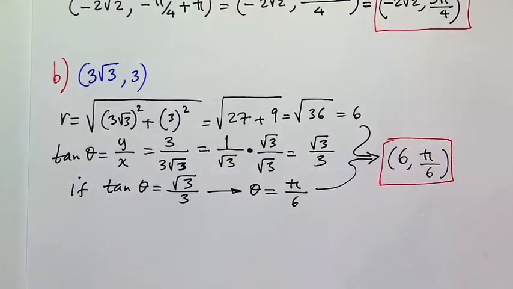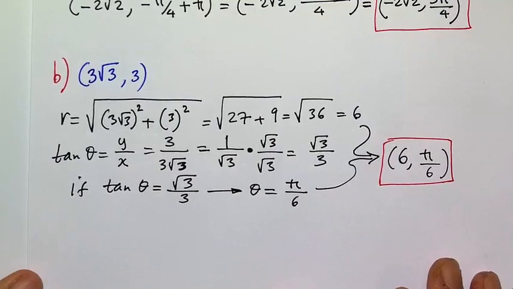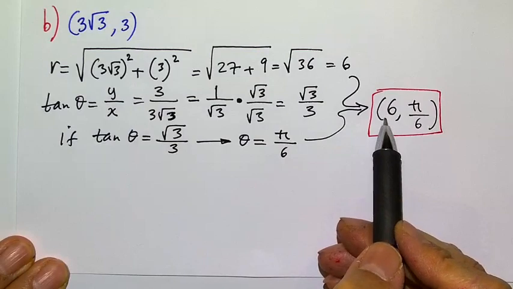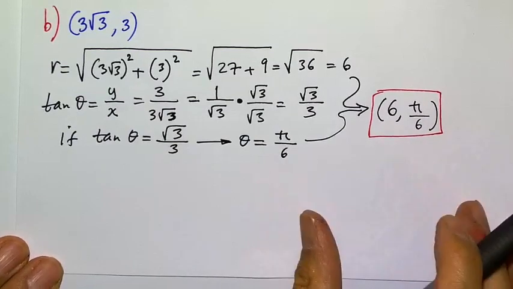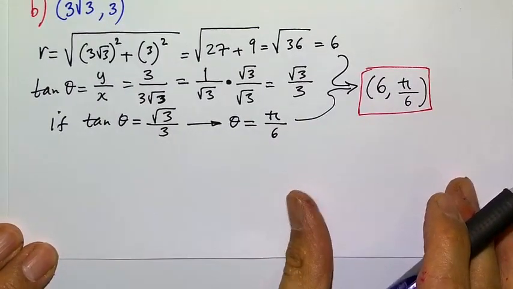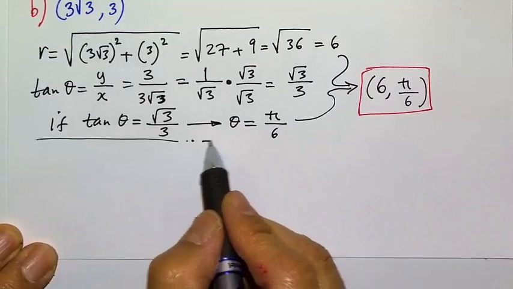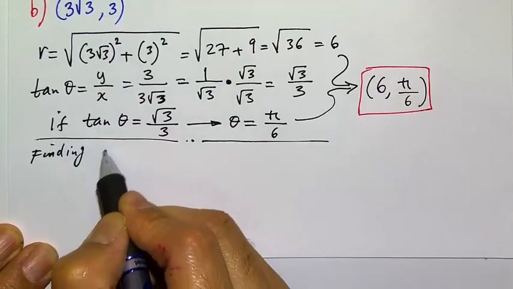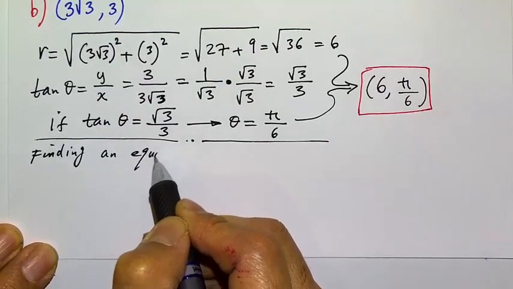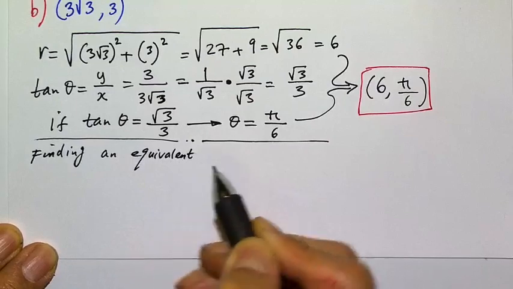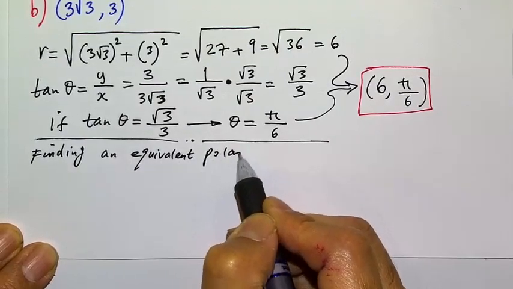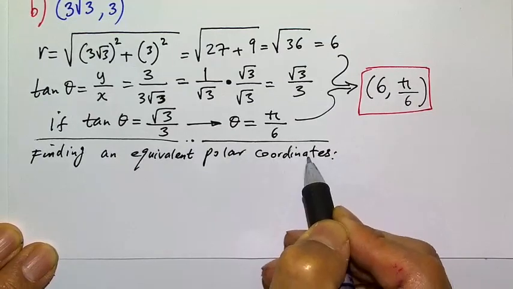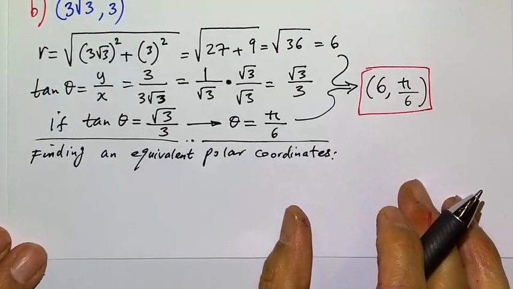Okay, so now we want to find an equivalent polar coordinate to this such that the r is negative. Okay, so let us do that here, finding an equivalent polar coordinate.